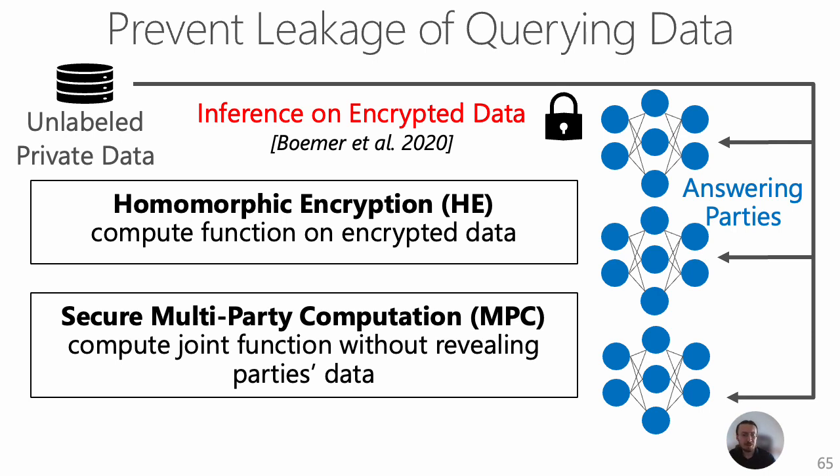And then the second ingredient is secure multi-party computation that we described in the previous slides, which is a form of encrypted computation that enables multiple parties to compute a joint function without learning anything about the other parties' data. So here we use MPC to compute nonlinear layers, such as in neural networks, for example, the ReLU activation function.